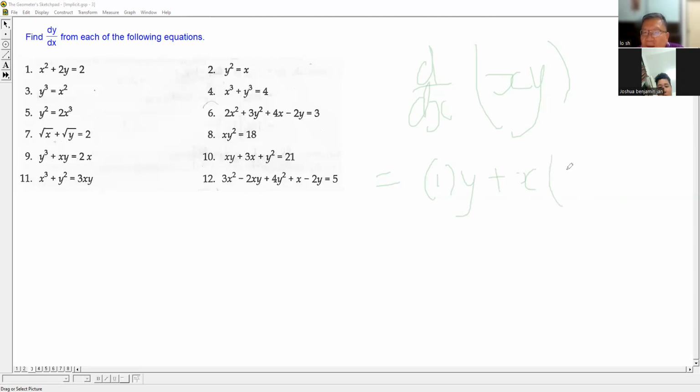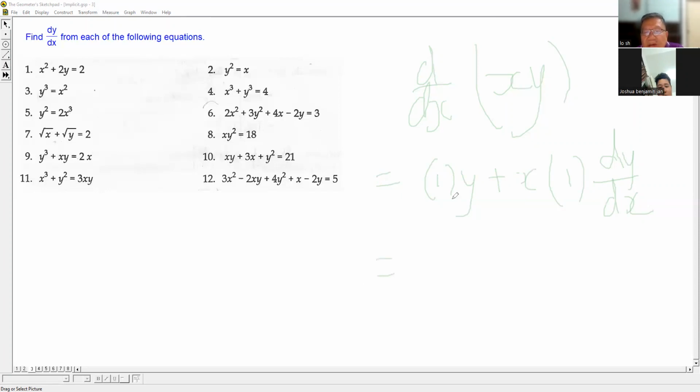Differentiate the y, become 1. But because I differentiate y with respect to x, I have to put the dy/dx behind. This is the part we use the implicit differentiation, and we also use the product rule.